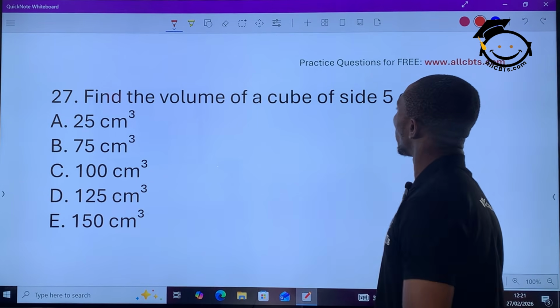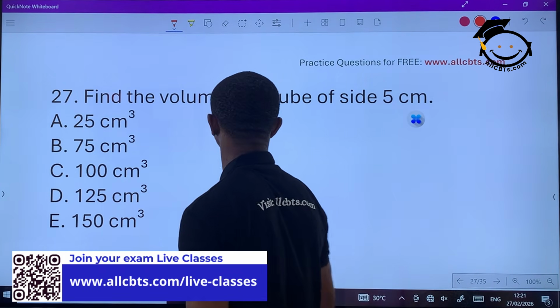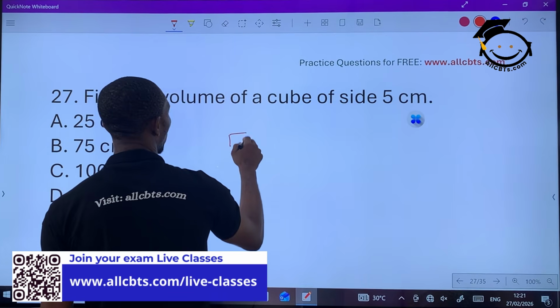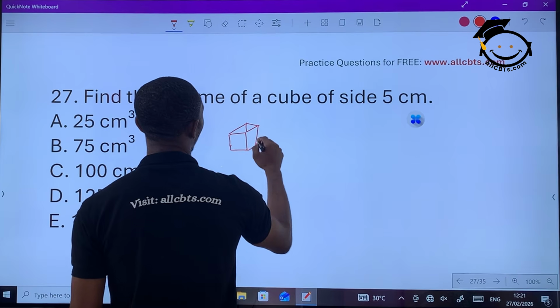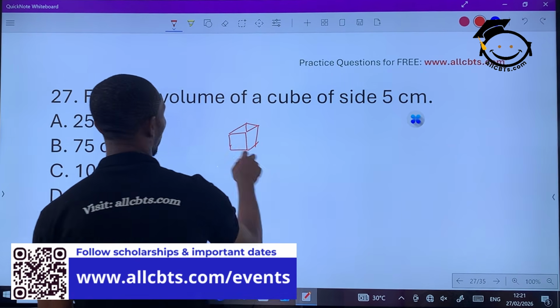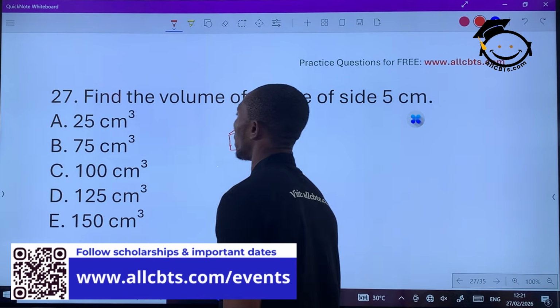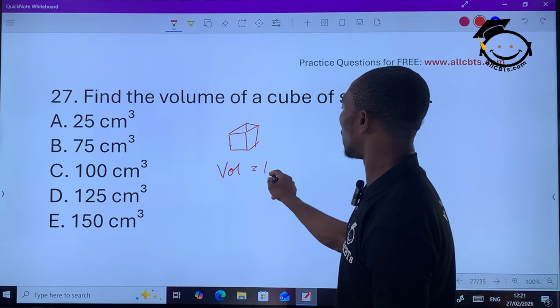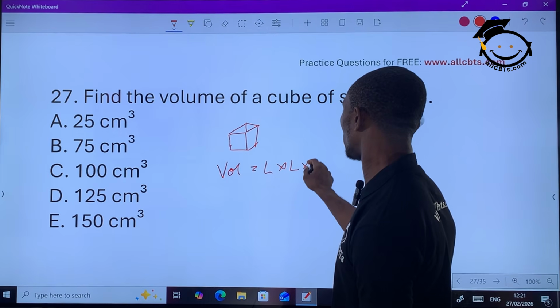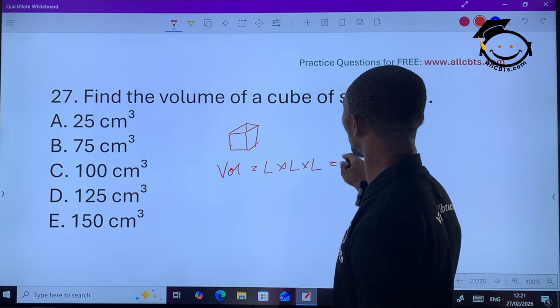Find the volume of a cube of size 5 cm. Now, a cube is a 3D representation of a square. So all the sides of your cube are equal. For volume, we have length times length times length, which is L cubed.